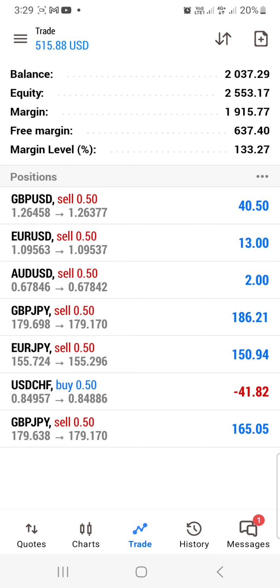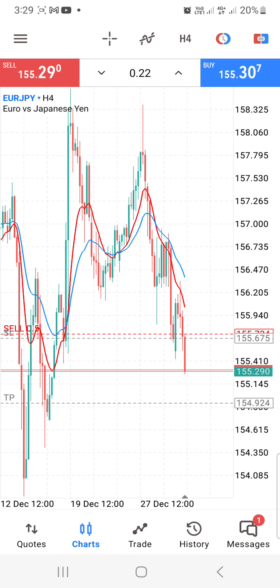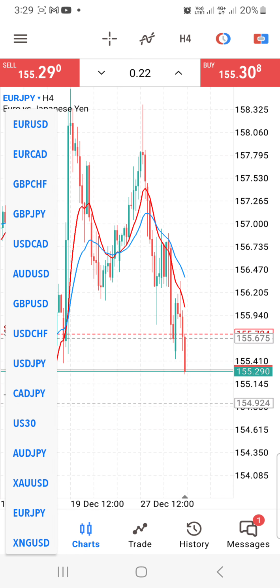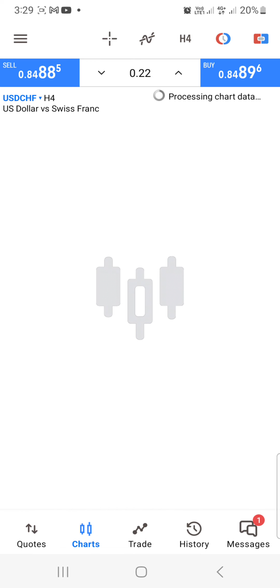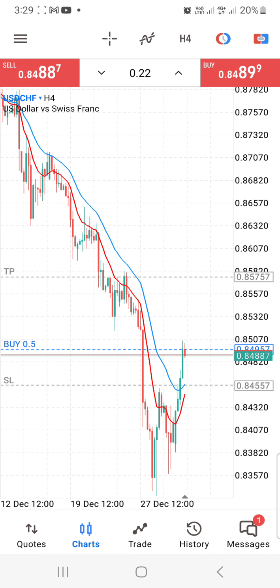So for this one, let me check USD CHF. Let's check what the chart is saying. Here we go. Let's see what's happening there. Okay. Normally in trading, the market breathes in and breathes out. With those candle formations, when it's going for a buy, it doesn't just go up, up, up.